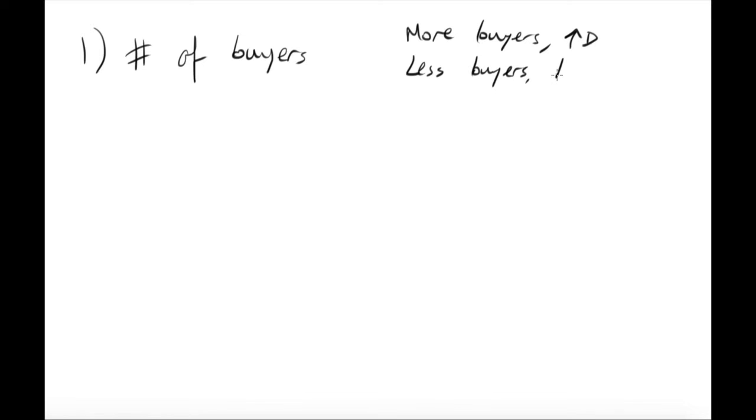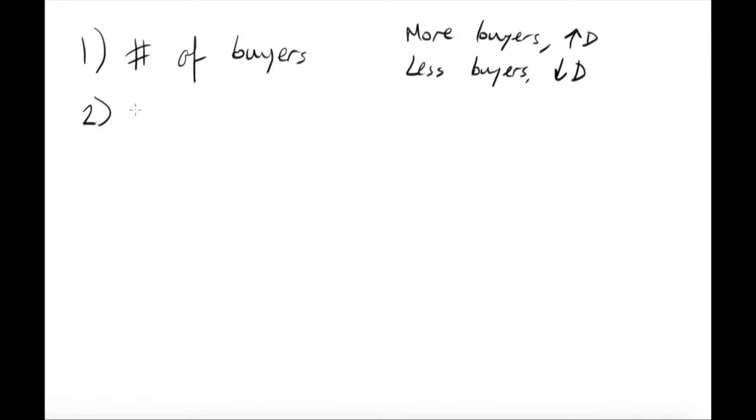If there were more buyers, there might be higher demand because it's more competitive and more people want it. Whereas if there are fewer buyers, then demand may go down.